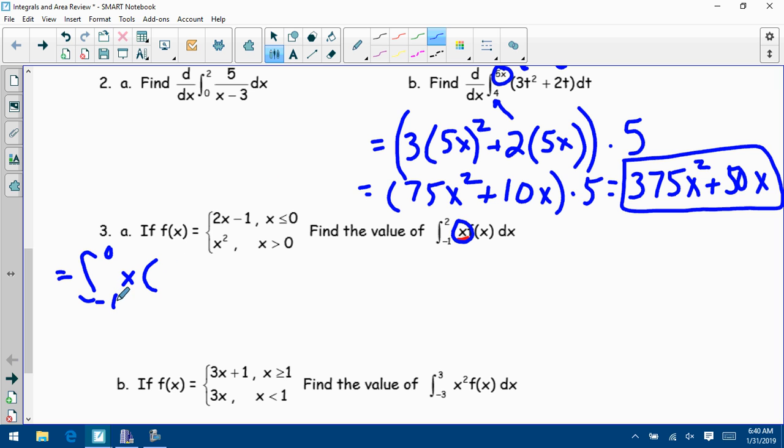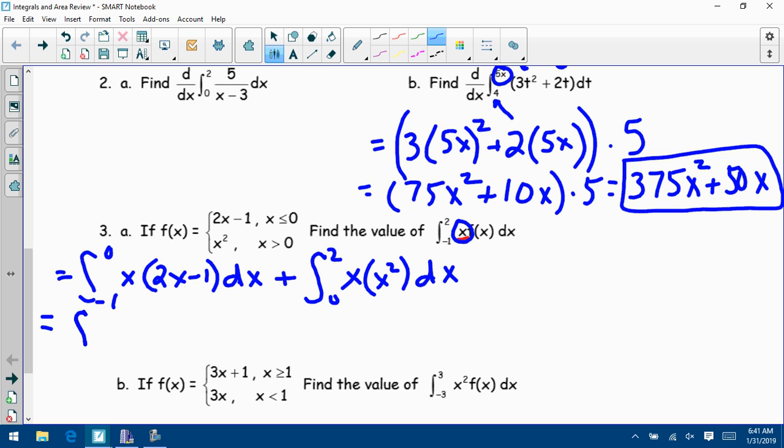if I'm between -1 and 0, I'm using the top equation, so 2x minus 1 dx, plus the integral from 0 to 2 to finish off that distance, again, the x is here, so x times f of x, which is x squared dx.